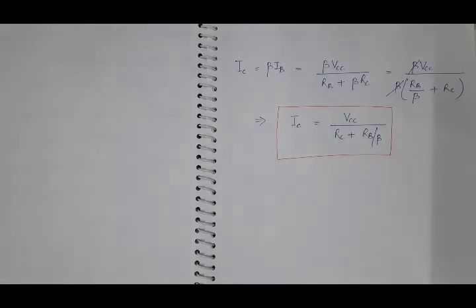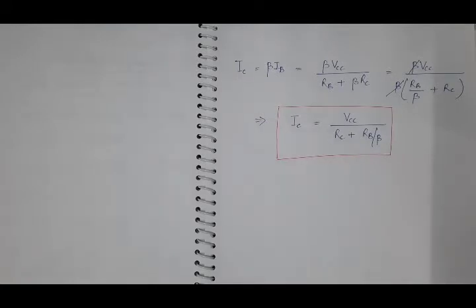So here again, this method, collector to base bias, doesn't provide very good stabilization to the operating point. Why? Because here again this collector current IC depends upon the value of beta.